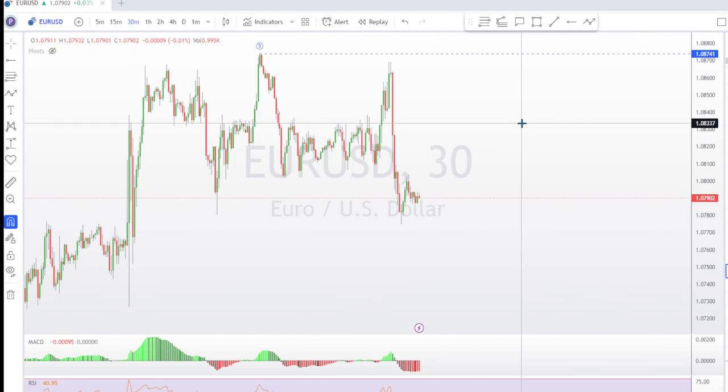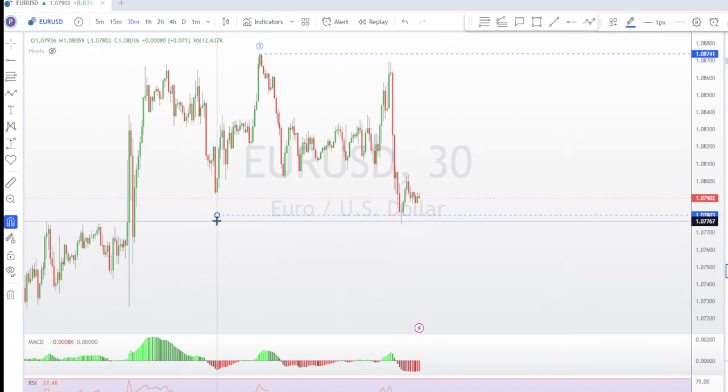And then the euro too, they almost came back and broke the high, but then it fell down today, and they took out the previous impulse up to finish that fifth wave.